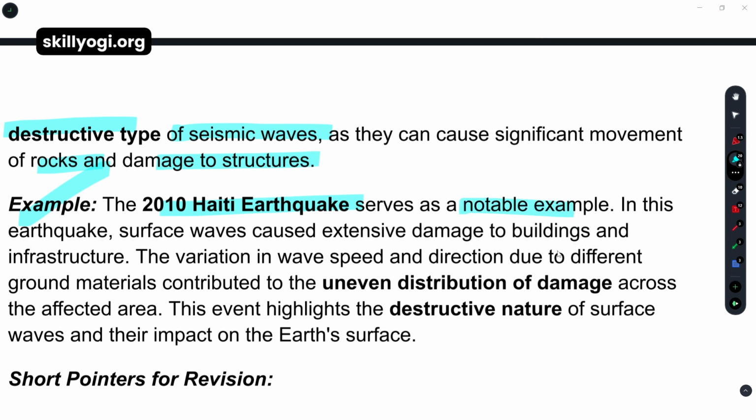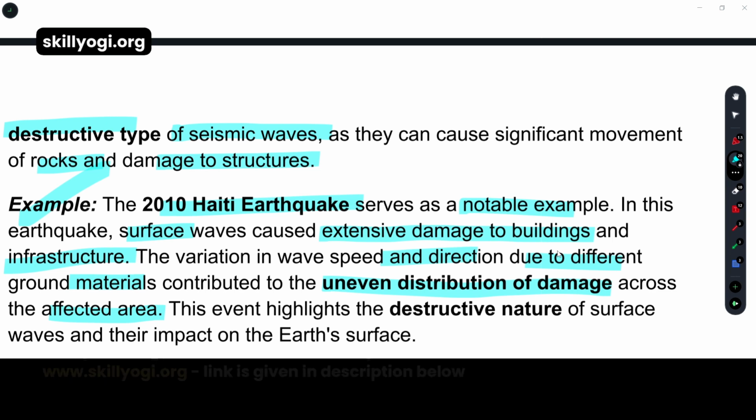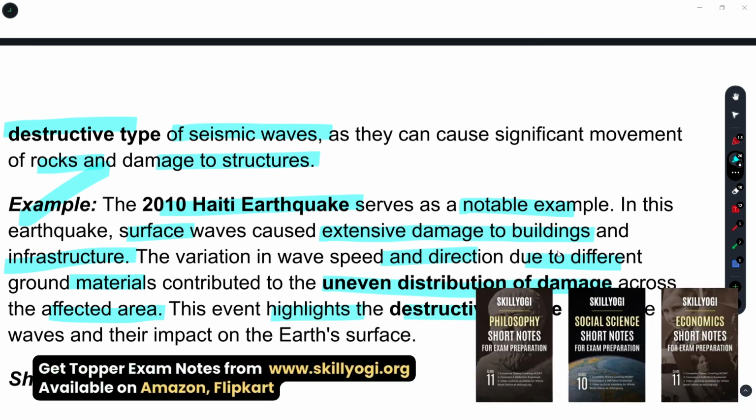In this earthquake, the surface waves caused extensive damage to buildings and infrastructure and loss of property also. The variation in wave speed and direction due to different ground materials led to uneven distribution of damage. That means in some areas the damage was more profound than in others, according to the affected areas, which highlights the destructive nature of the surface waves and their impact on the Earth's surface.